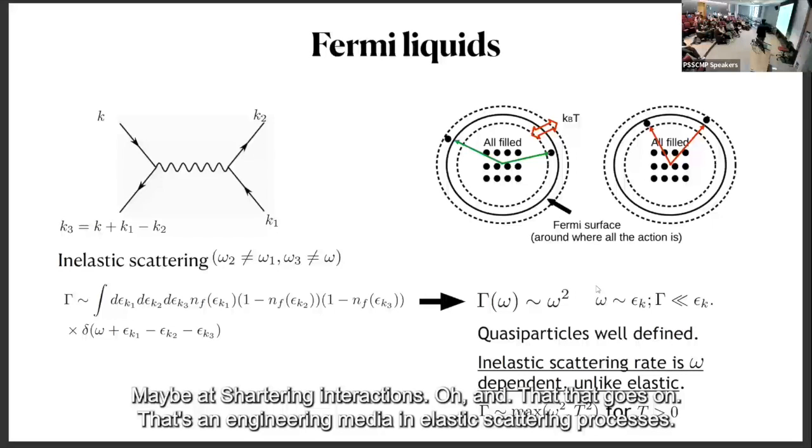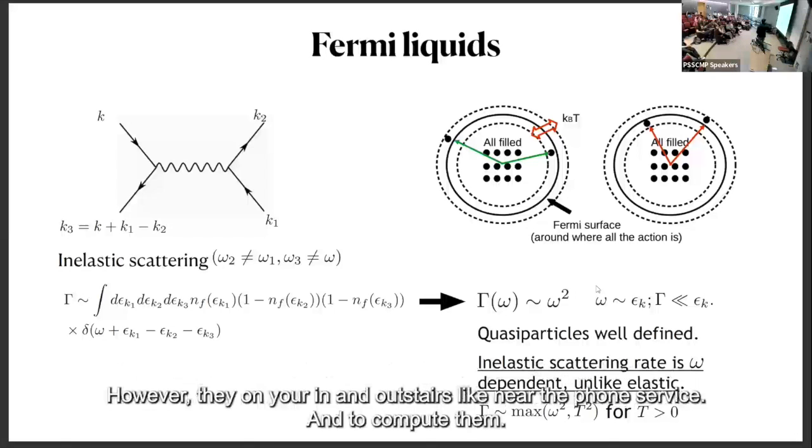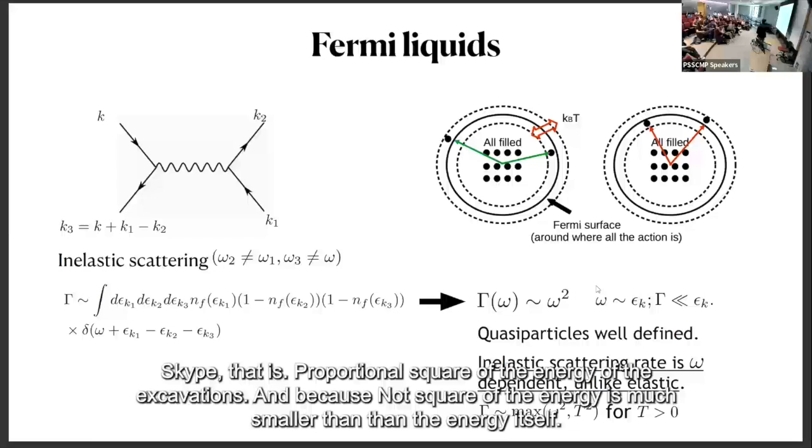So if you have this kind of scattering process, the in and out fermions here don't necessarily have the same energy, so it's inelastic. However, all your in and out states lie near the Fermi surface, and if you compute the scattering rate using Fermi's golden rule, because of the constraint that everything has to be near the Fermi surface, one gets a scattering rate that is proportional to the square of the energy of the excitations.